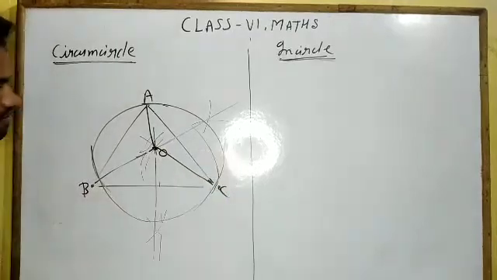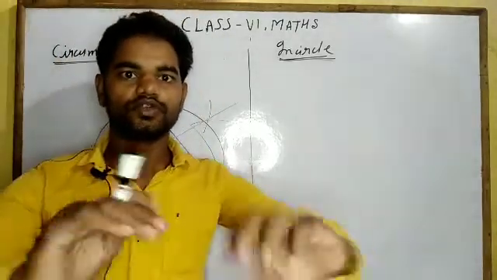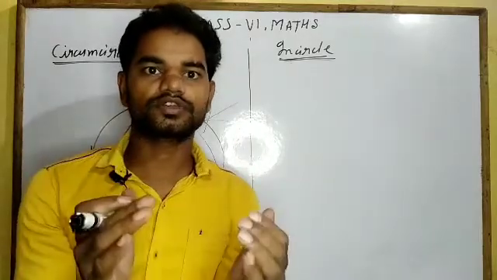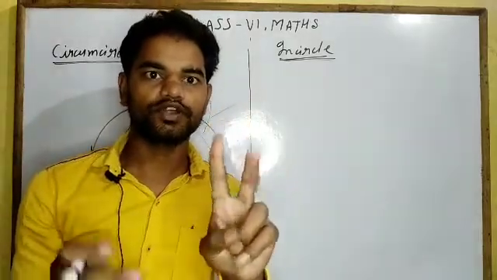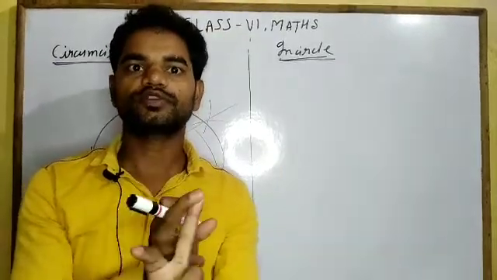This circle is known as the circumcircle. Listen again. In order to construct the circumcircle, two points are required. First one is the center of the circle. Second one is the radius.